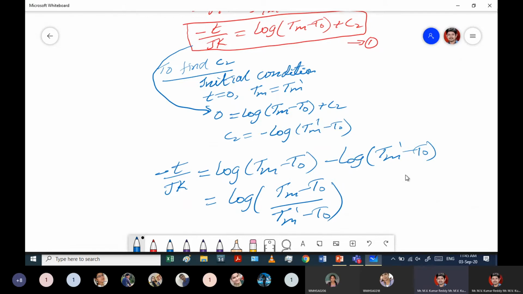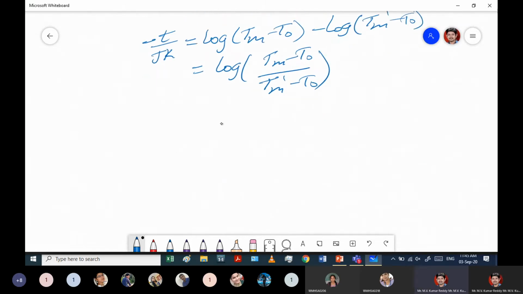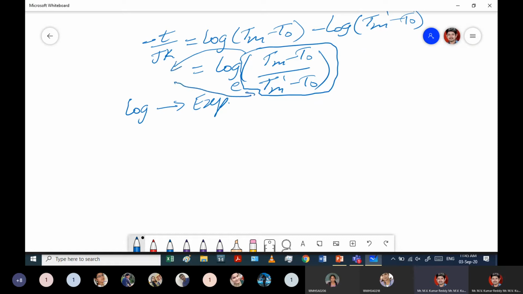Here we have base e, so it is in log form. Now we convert this log into exponential form. Exponential form means whatever term is beyond e goes to the left hand side, and the left hand side term comes to the right hand side.